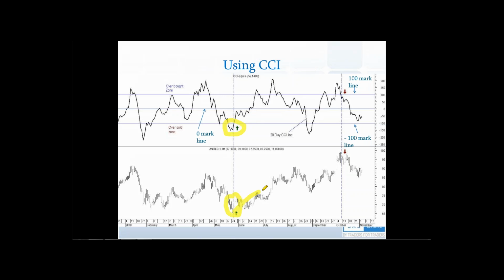The stock moved drastically from the levels of 65 to briefly the levels of 100 rupees, almost a movement of 35 odd rupees, and there it gave a sell signal. When it moved below the 100 mark line, again we gave a sell signal. So this is how it is used. Whenever CCI moves below 100, give a sell. Whenever it moves above minus 100, you can give a buy signal.